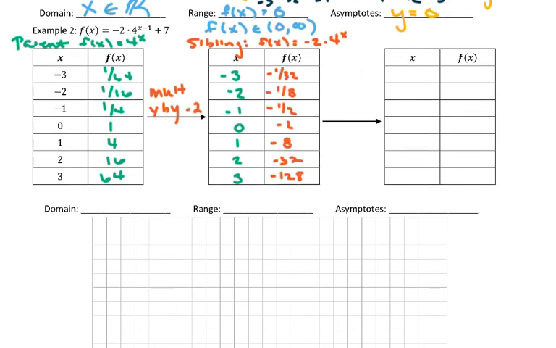Okay, so then in order to do the baby function, which has the translation also, this one's going to go right 1 up 7. So that vector is 1, 7, meaning you are going to add 1 to all of your x values and add 7 to all of your y values.